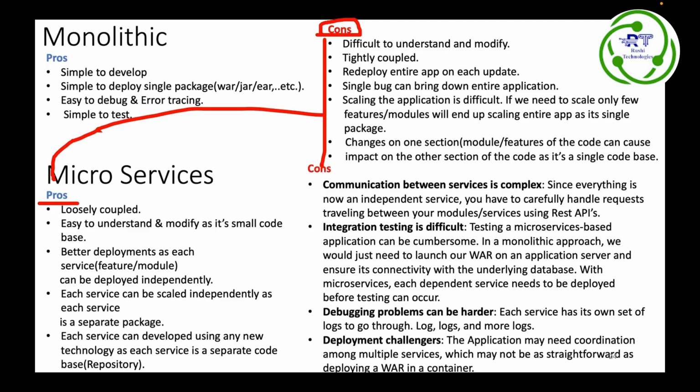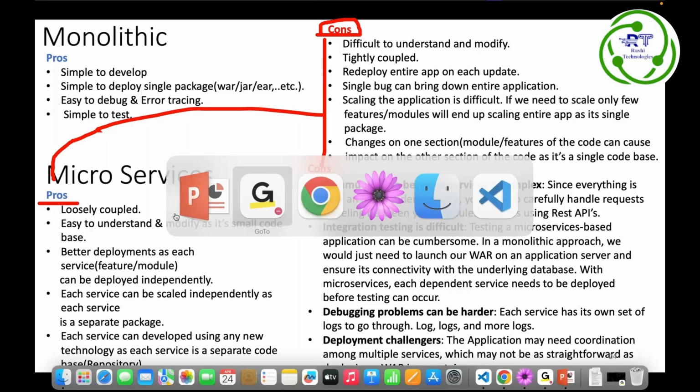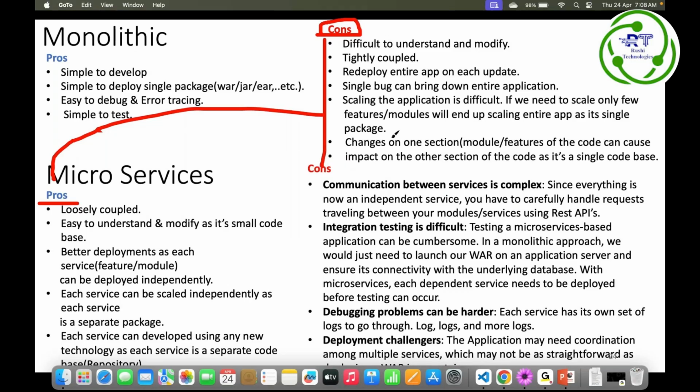In microservices architecture, the advantage is that it is loosely coupled, not tightly coupled. Your code and your services are loosely coupled. Each has a separate code base, you can build and deploy separately, and it is easy to understand and easy to modify the code. These are small code bases.